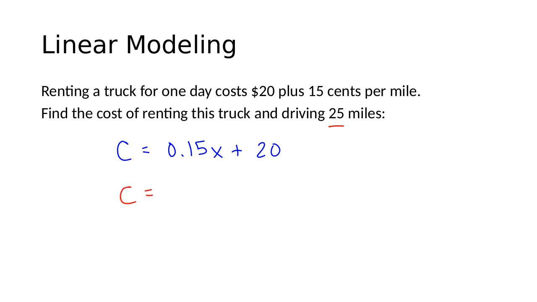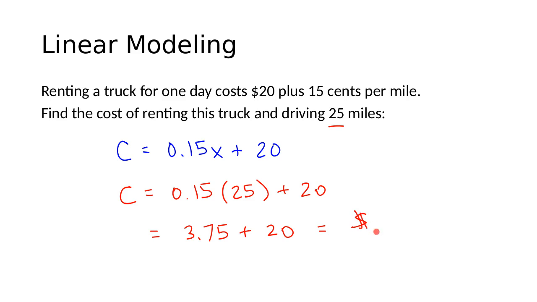And when that happens, our cost is going to be 15 cents per mile times those 25 miles plus $20. So we'll multiply 0.15 times 25 and get $3.75 to add to that $20 cost. And so the total cost of renting the truck and driving 25 miles is going to be $23.75.